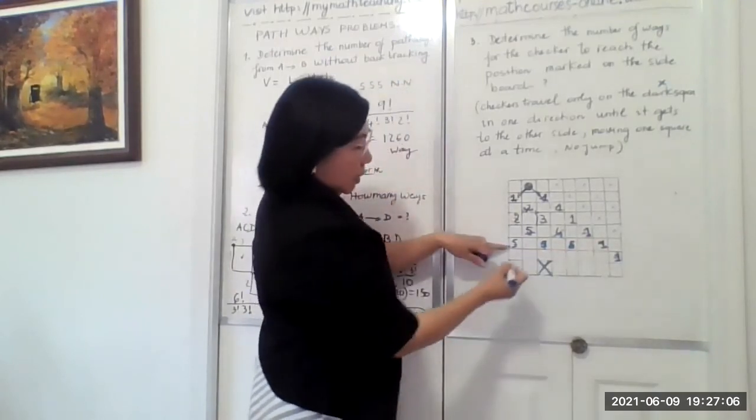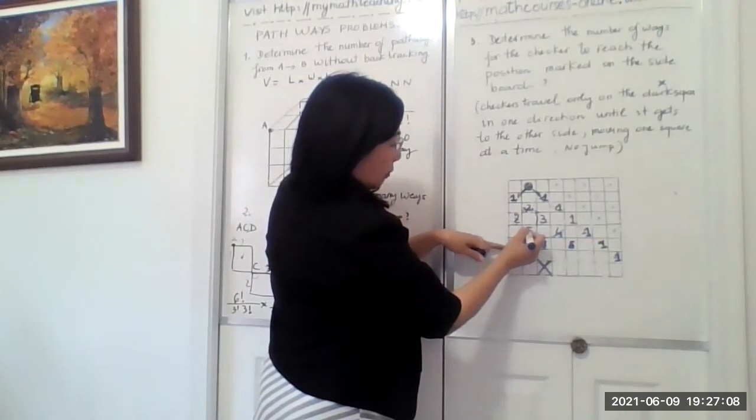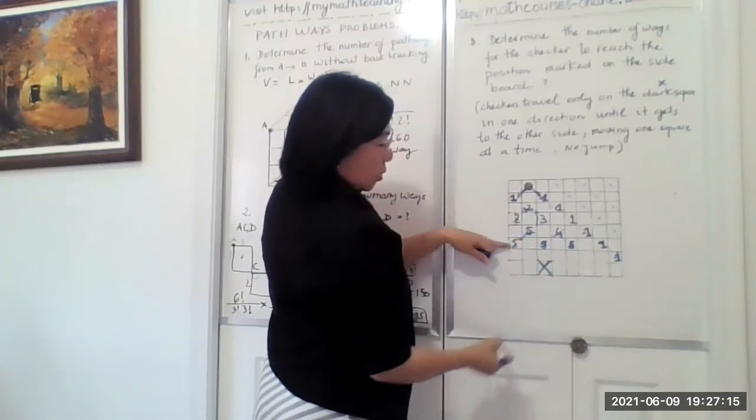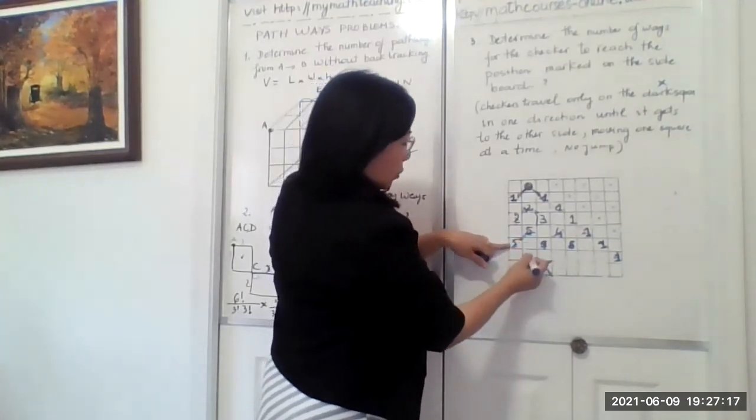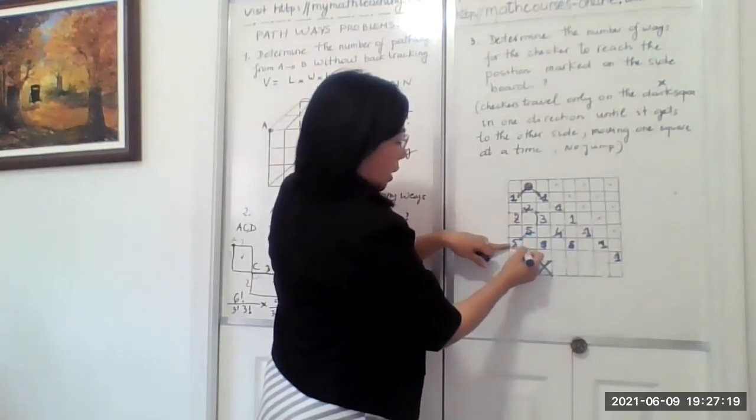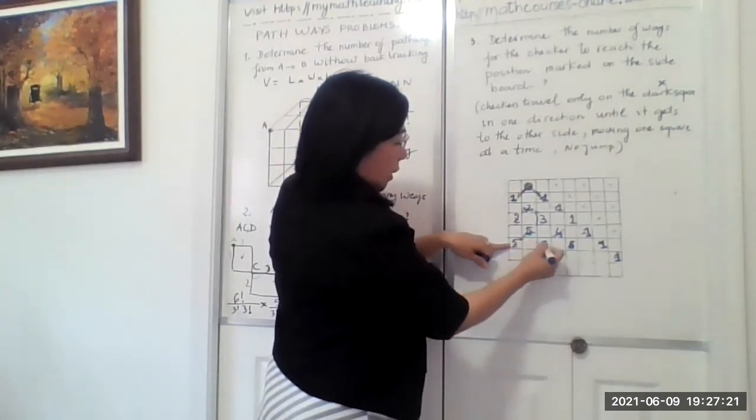Now the next one, you have 5 possible ways, then you keep traveling this way, you still have 5 possible ways. Now to get to here, you can have 5 ways this way and 9 ways this way. So 5 add 9 is 14.